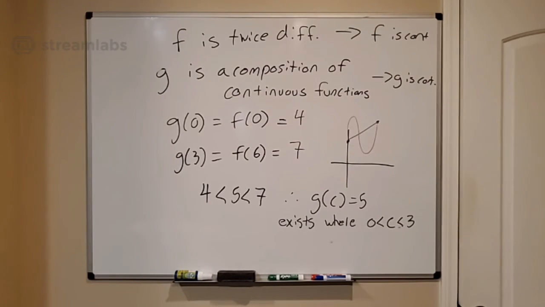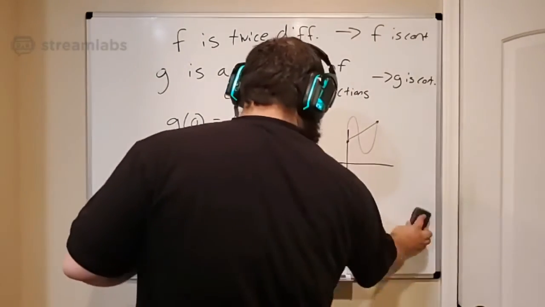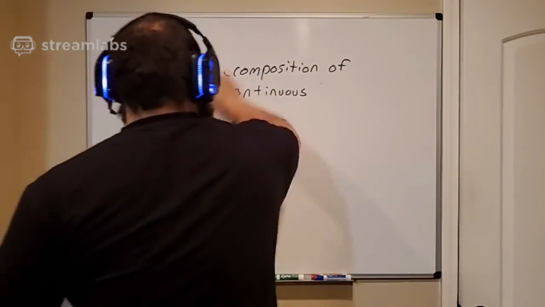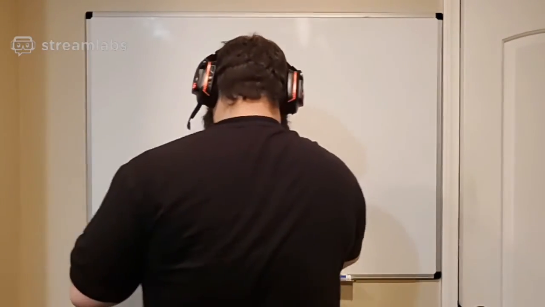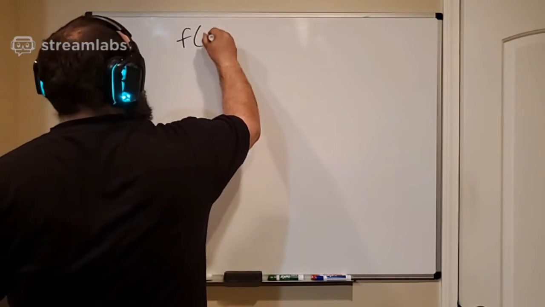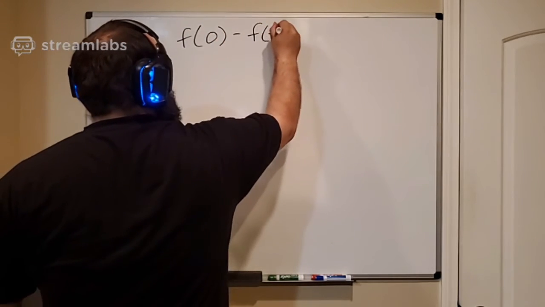So basically, they want you to set the derivative equal to the slope, so f of b minus f of a. So was it -3 and 0? So we want f of 0 minus f of -3 over 0 minus -3.